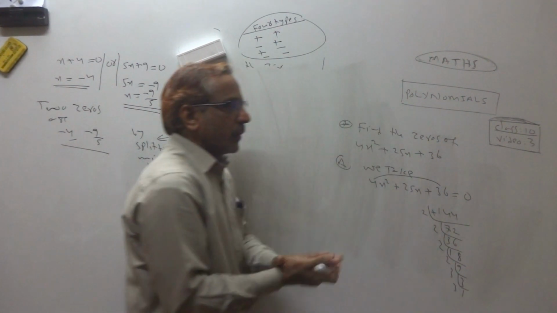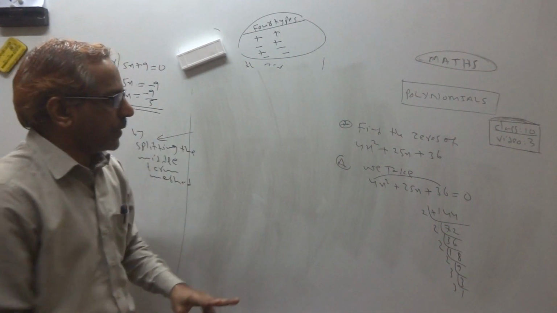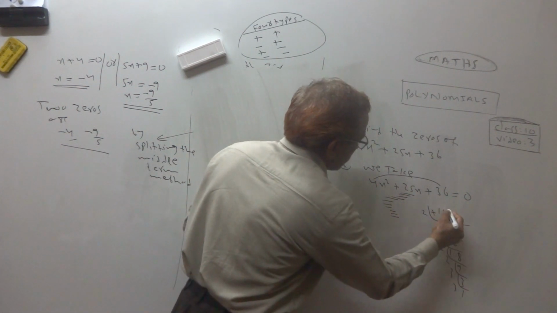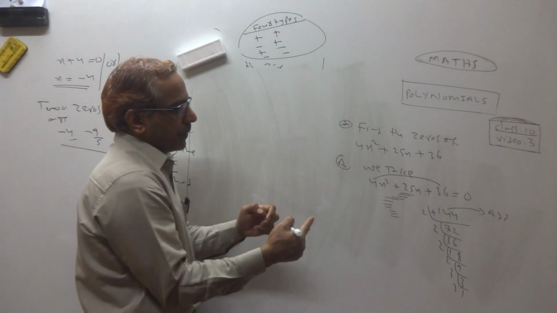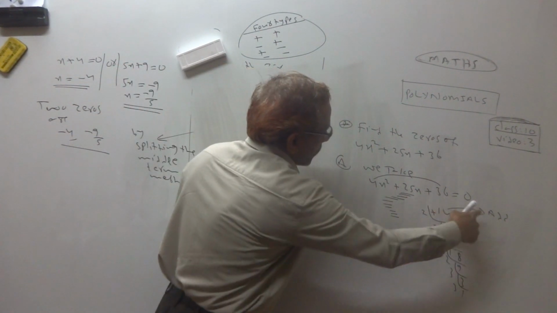Okay. Now from all these we decide two numbers. If you add them, you should get what? 25. Yes, if you add them, because here what is the sign? Plus. When plus is there, you should add.